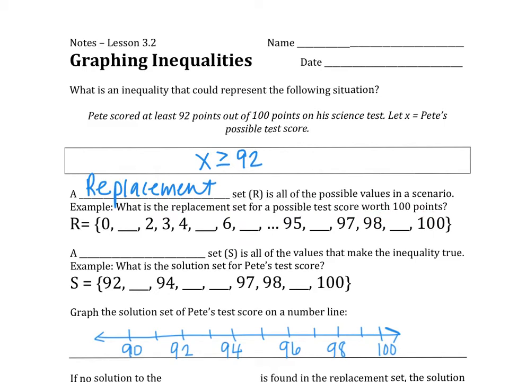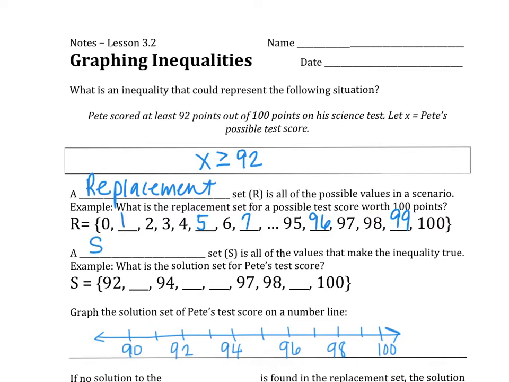We could have 0, 1, 2, 3, 4, 5, 6, 7, and so on, 95, 96, 97, 98, 99, and 100. That's the replacement set. It could be any of those things.